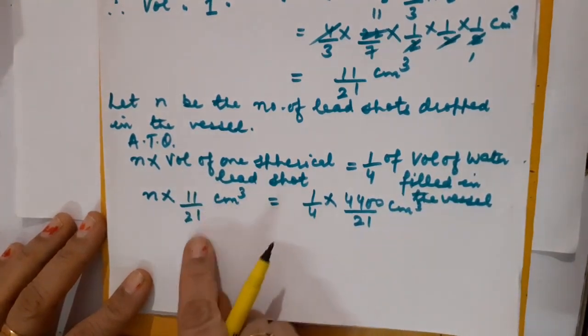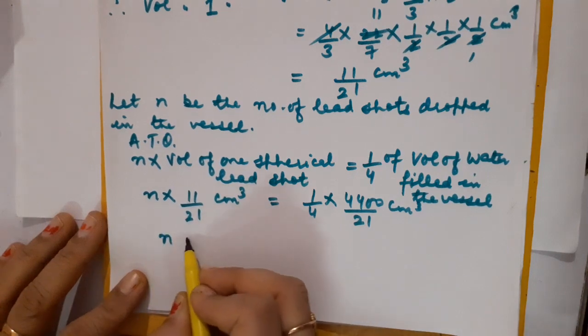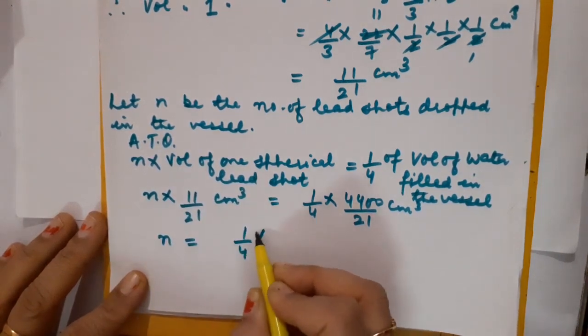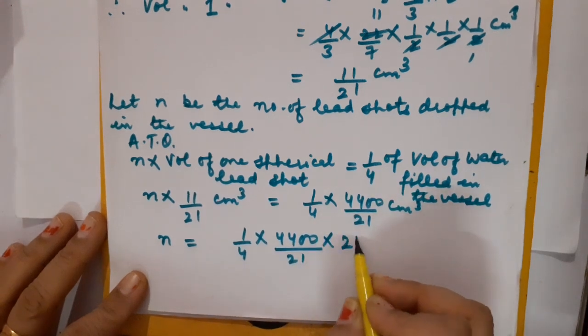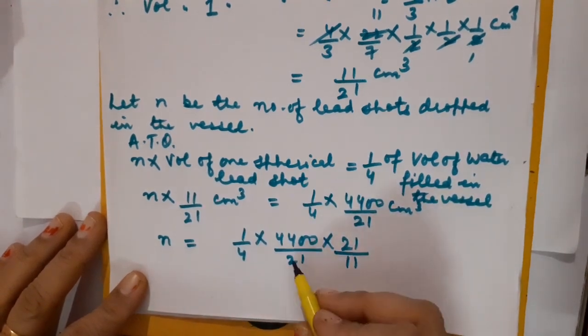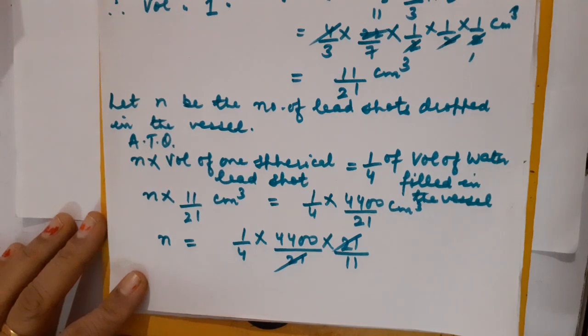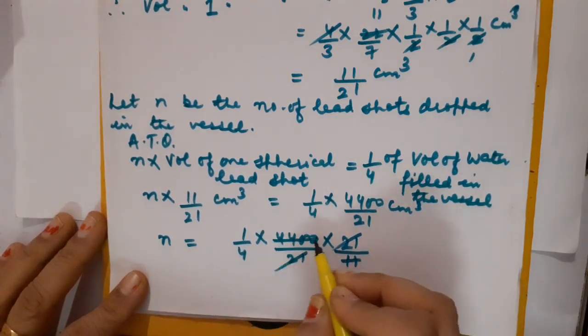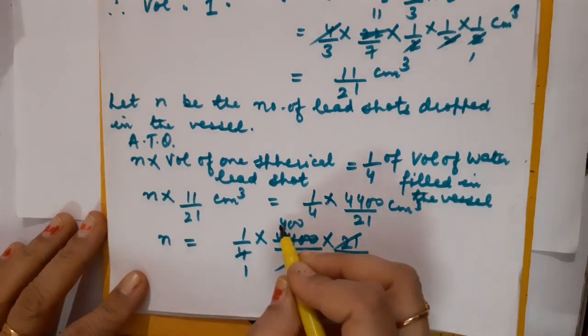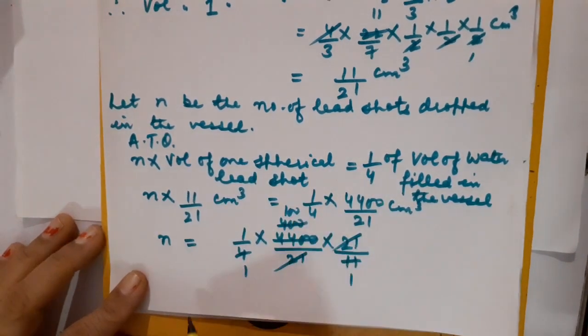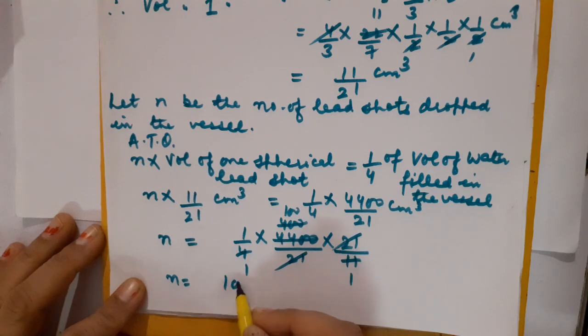So let us take this 11/21 to that side and place it here. This is 1/4 into 4400/21 into 21/11. 21s are going to be cancelled. 11 ones are 11, 400s are 4400. So N must be equal to 100.